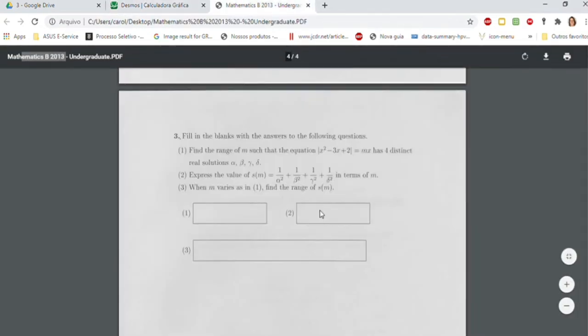The question tells you to find the range of m such that this equation is equal to this linear equation, m of x, which is a line, and has four distinct solutions. So what does it want from us?